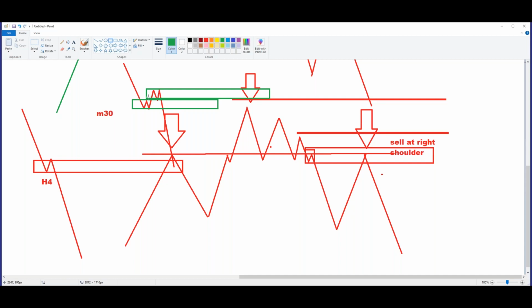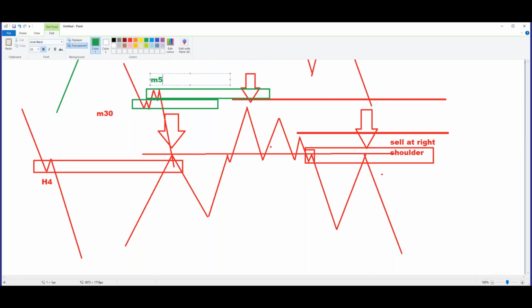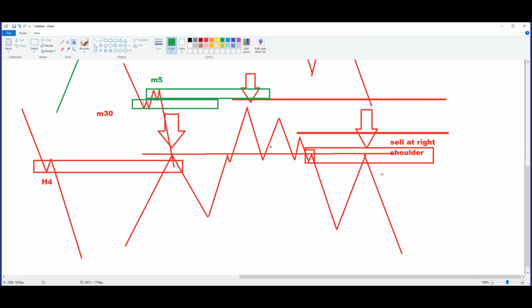So far so good. Maybe you can find this, or on M5 if you go very detailed, you will always find this in a smaller time frame. If you find this, it is the best place to do entry. We mark at the rally base drop. Yes, actually you mark between, because this is a price gap.